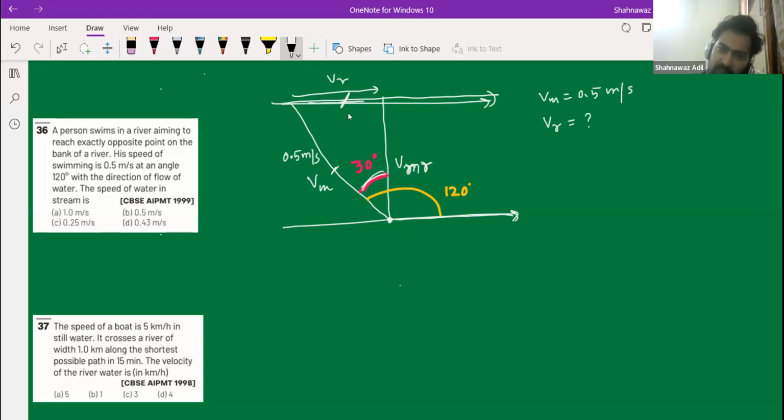For this angle, this is the perpendicular, and this is hypotenuse. We want to find out VR, the velocity of the river. VM is given. So what is the trigonometric ratio that we have to use? What relates perpendicular and hypotenuse?